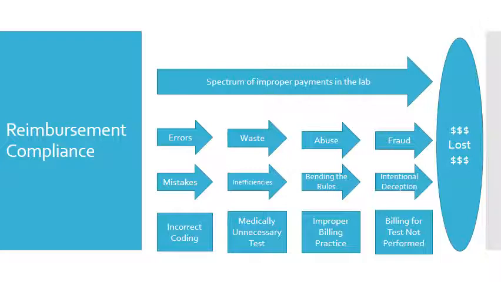Then number 4, there must be defined processes for the receipt and documentation of complaints, including an opportunity for anonymity. So there has to be a process in place for people to complain about compliance with the billing practices.